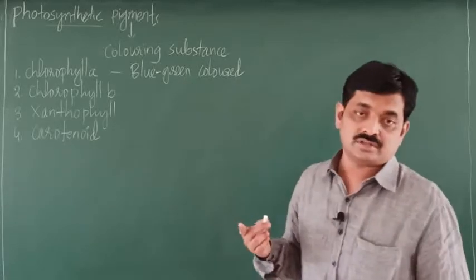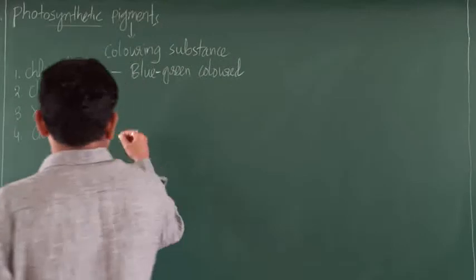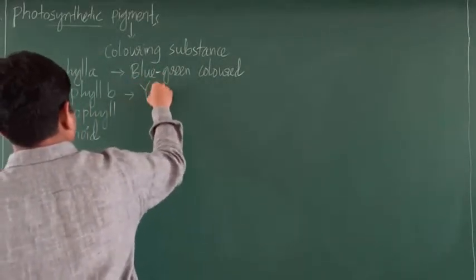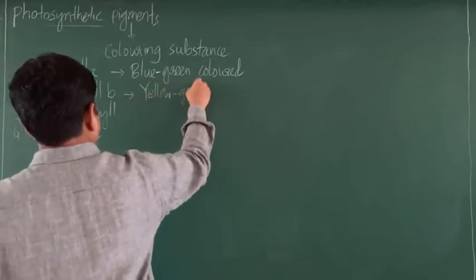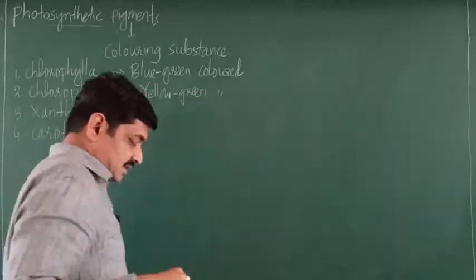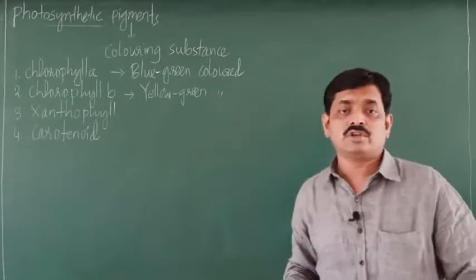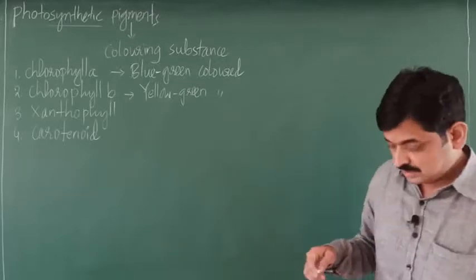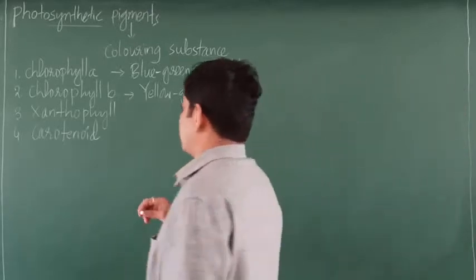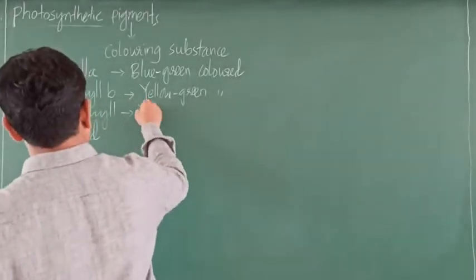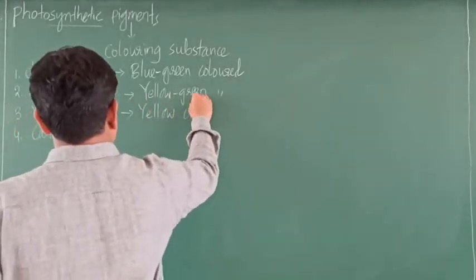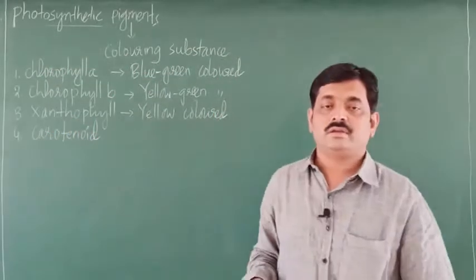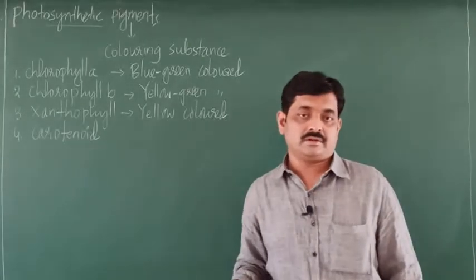Then the second type is chlorophyll B. This chlorophyll B, it is a yellow-green or yellowish-green colored pigment. It is called chlorophyll B. The third is xanthophylls. So xanthophylls is a yellow colored pigment.